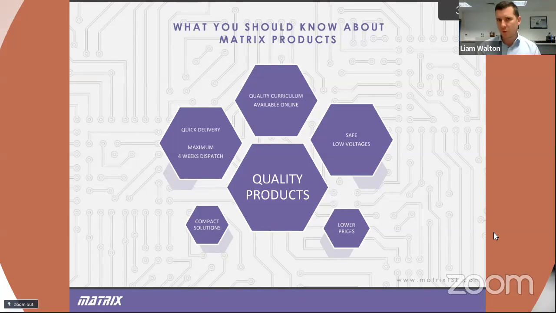We're generally producing safe, low voltage equipment, so there's no issues around safety for students. And by and large, the equipment that we supply is affordable as well. So there are a number of things that we like to put in the mind of a potential or existing user of Matrix equipment. I'll build on more of that throughout today.